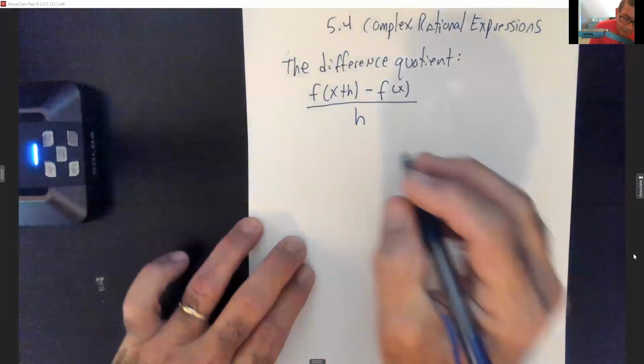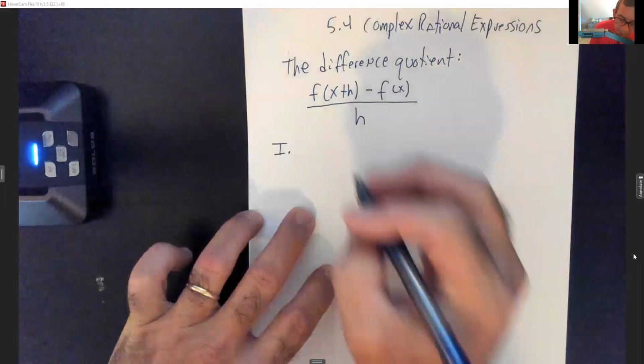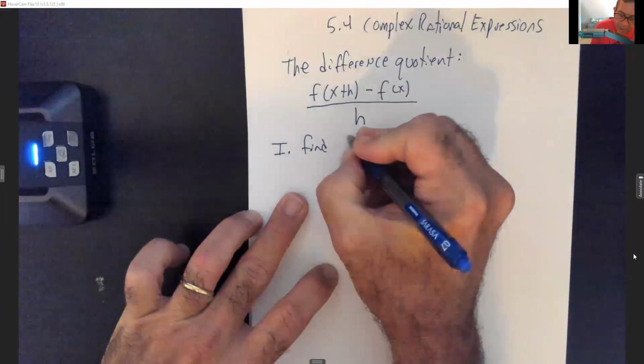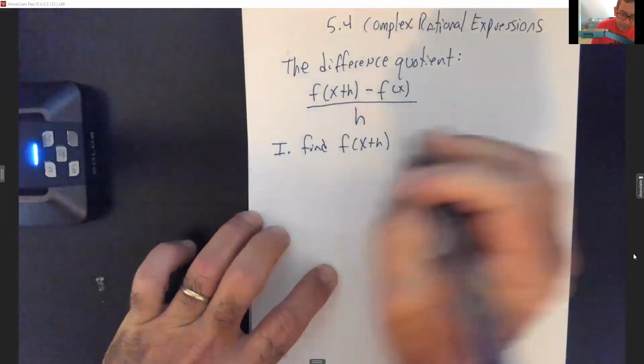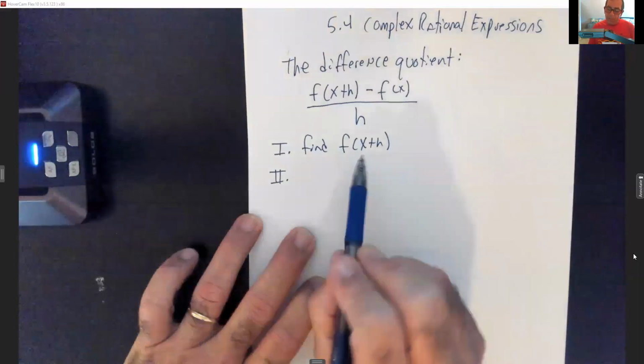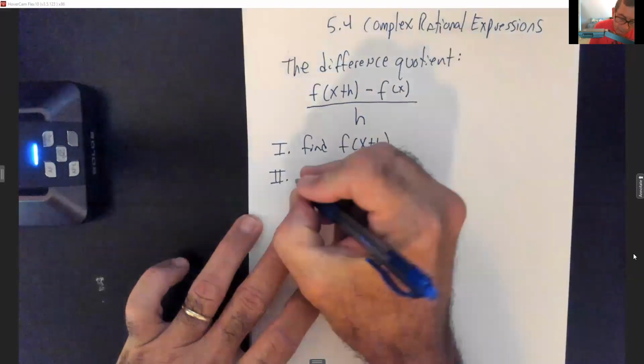So to work this, the first thing we got to do is find f of x plus h. Once I found what f of x plus h is, I'm going to plug everything into the formula.